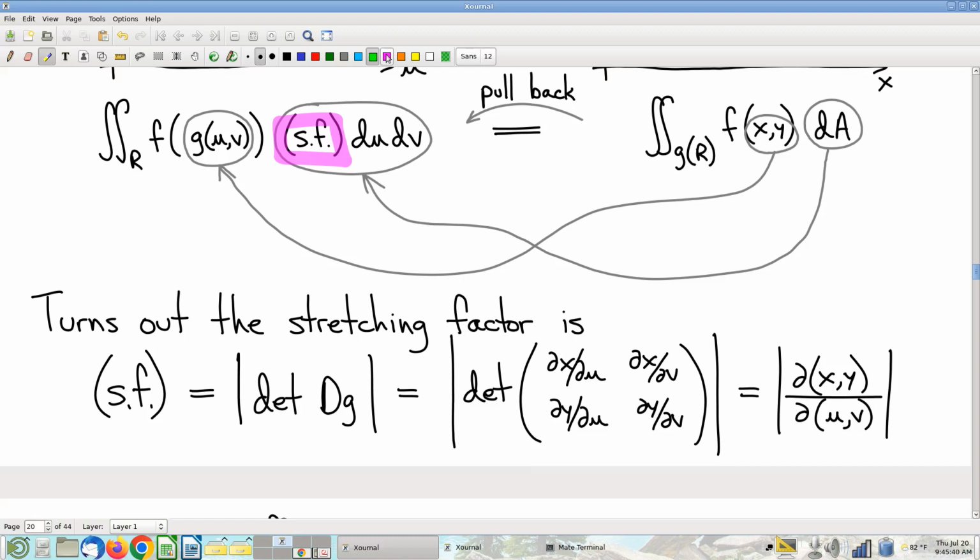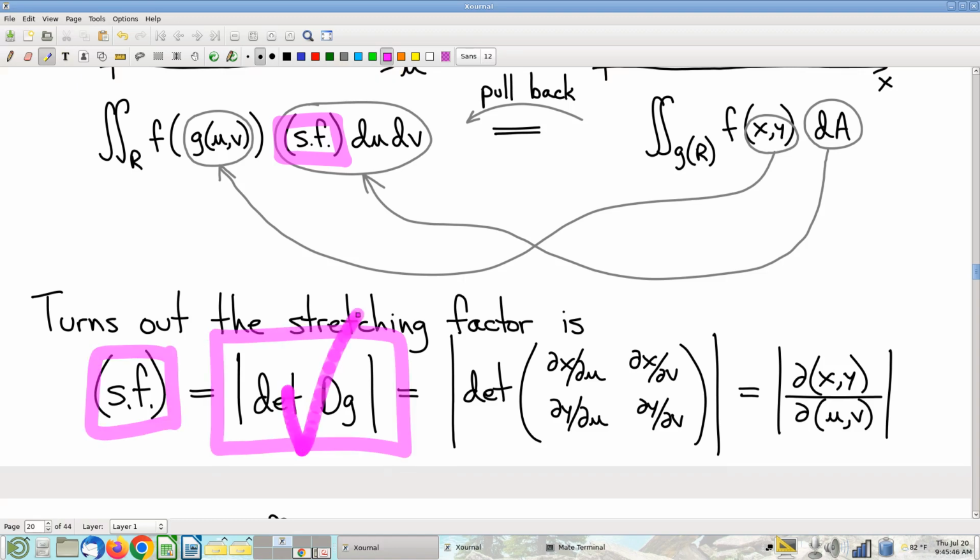And here it is. The stretching factor formula is this right here. It's the absolute value of the determinant of the derivative matrix, sometimes called the Jacobian matrix. Y'all will recall this from our conversation about differentiation and directional derivatives and chain rule, right?